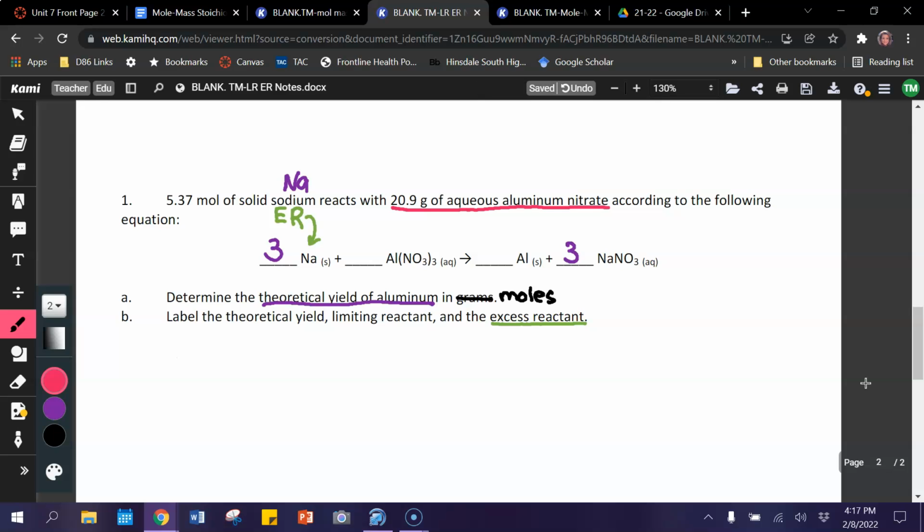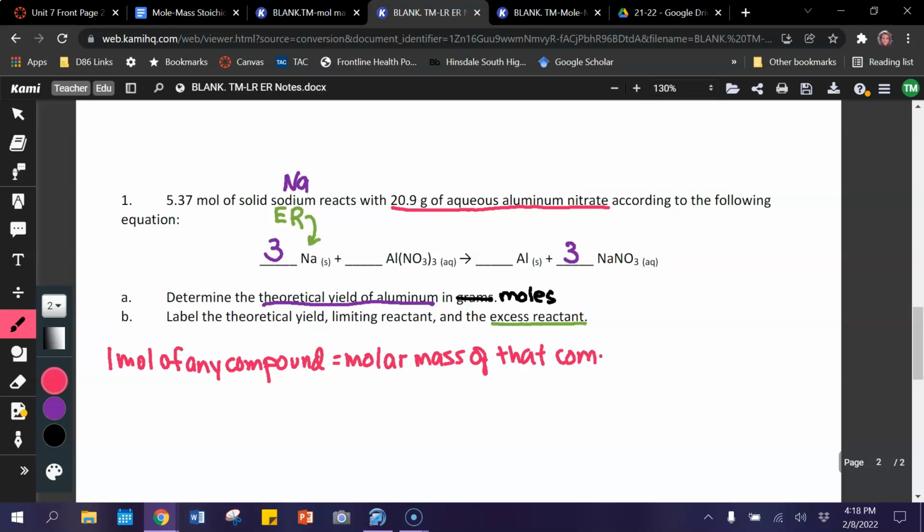So let's see how much 1 mole of aluminum nitrate weighs. Well, we already know that 1 mole of any compound is equal to the molar mass of that compound. So let's start by calculating the molar mass of aluminum nitrate.